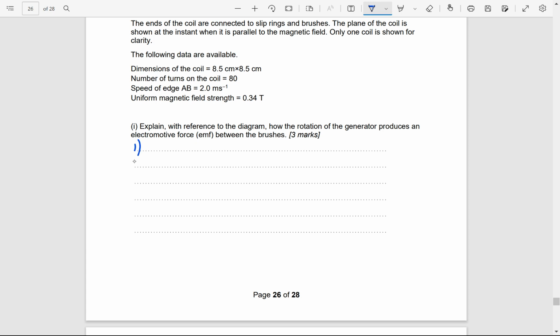So, in IB language, the lines of flux, not field lines, are cut by AB and CD coil lengths.